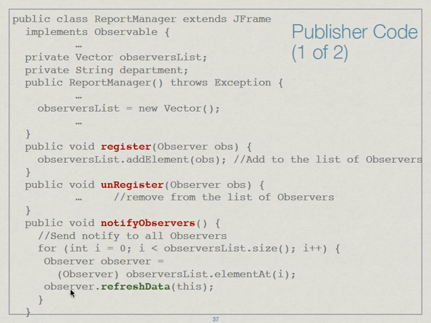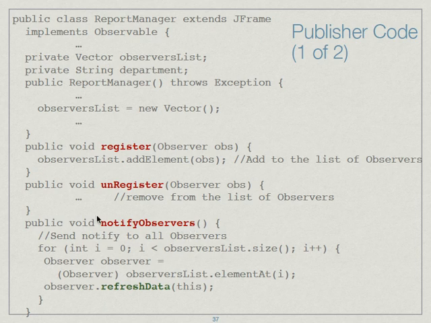So now maybe someone presses a button. For example, maybe the stock price has changed, and if the stock price changes, it may trigger the call to notify observers.